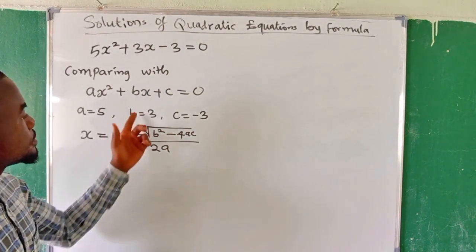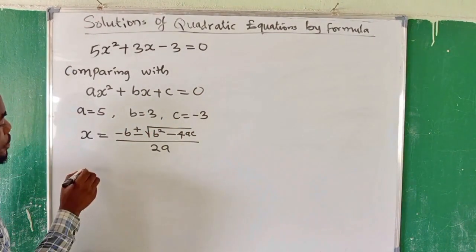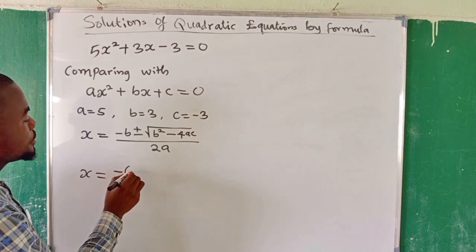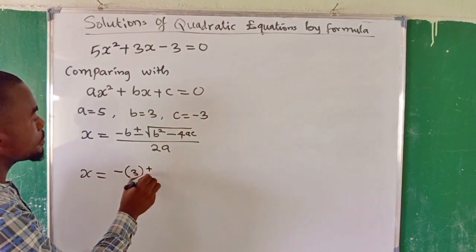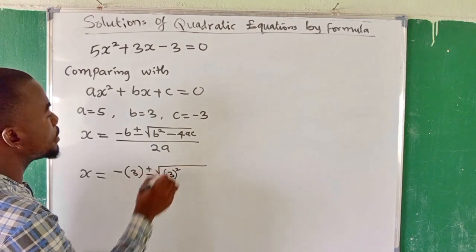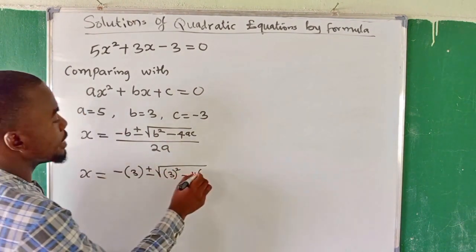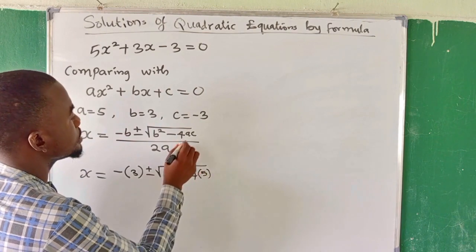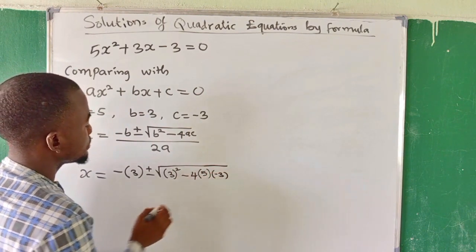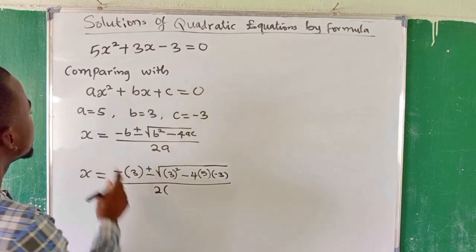Substituting the values of a, b, c into the formula, we have x is equal to minus open bracket, b here is 3, close, plus or minus square root of 3 raised to the power of 2 minus 4 open bracket, a is 5, close, and c is minus 3, all divided by 2 times a, which is 5.